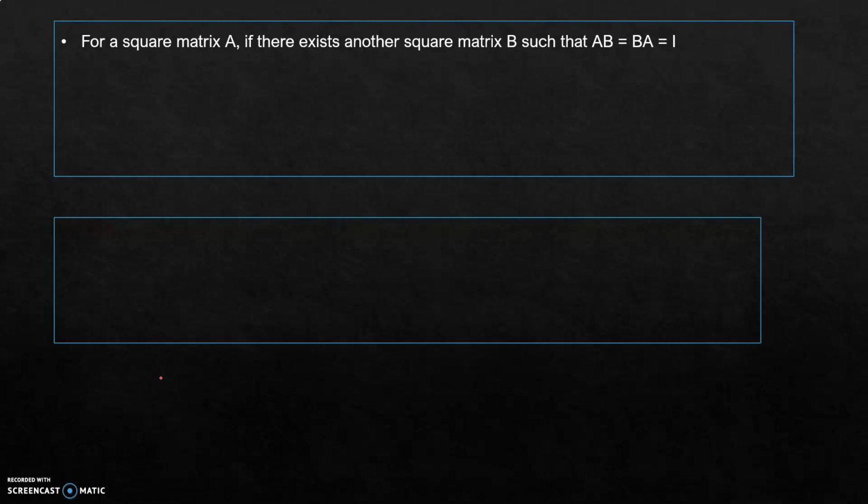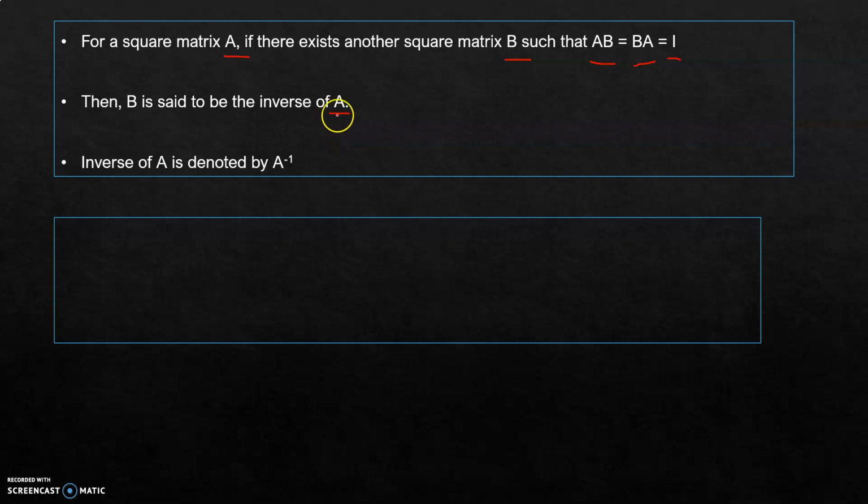For a square matrix A, if there exists another square matrix B such that the product A into B, or B into A, is equal to I, the identity matrix, then we call B the inverse of A. The reverse can also be said: A will be the inverse of B. Here the inverse of A is denoted by A raised to negative 1.